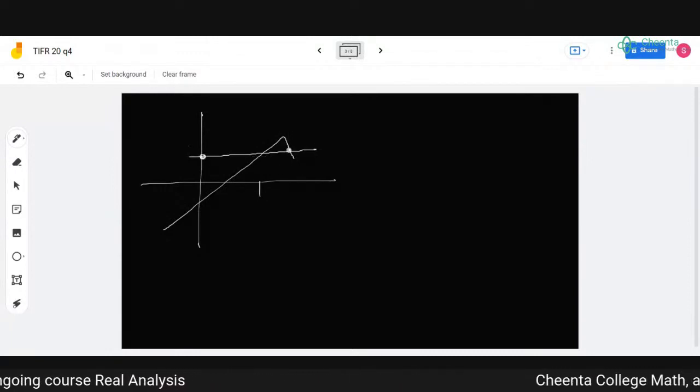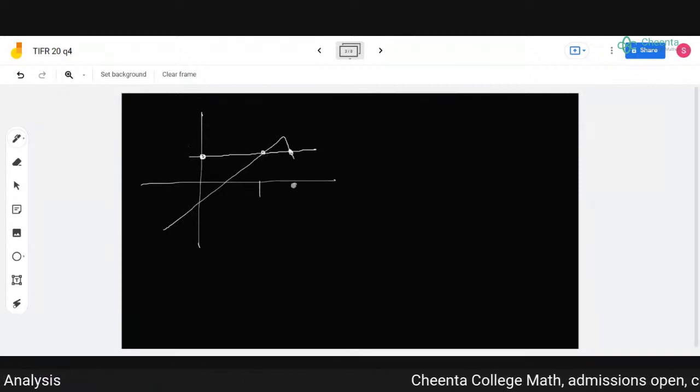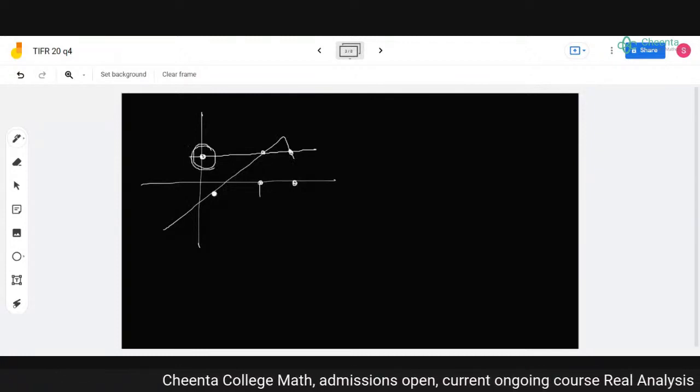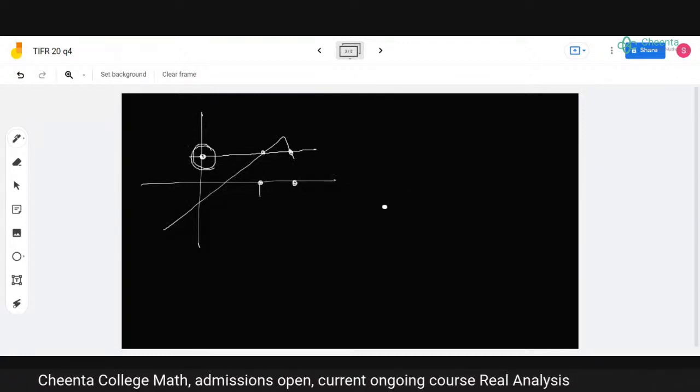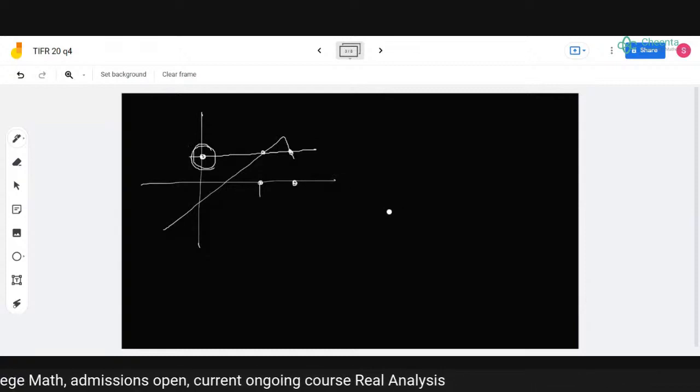For 2 of x's value, you get a single y value. So that is why if it is continuous and injective, then it has to be strictly monotone.